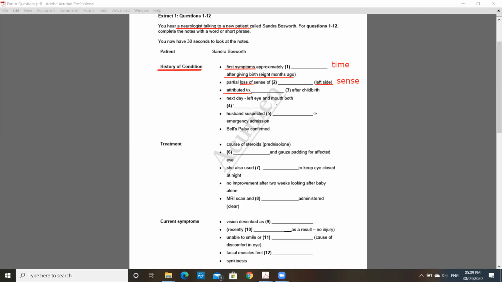Attributed. Any idea? Why has the neurologist written here attributed to? What does that mean? Can you think of any sentence where you might have read attributed to, or you might have heard this word?